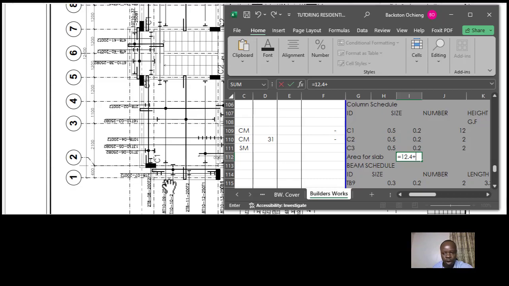So 12.4, and then we add 0.1, because the wall is 200, half of it is 0.1. Then we multiply by 2, so that we get to the external faces of the beam. So we get 12.6.